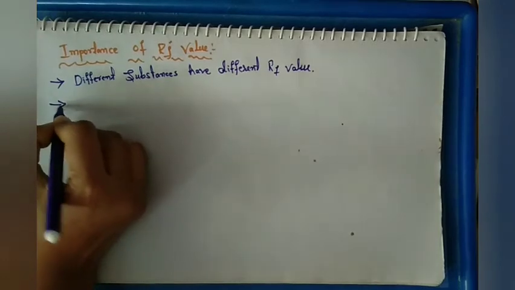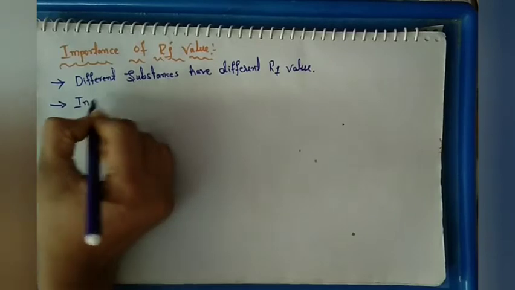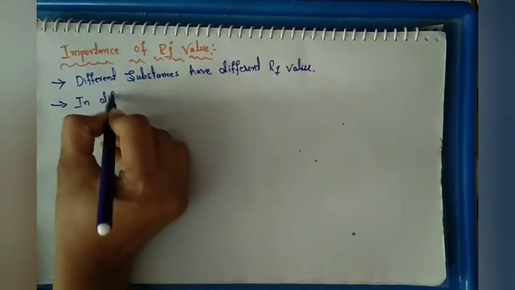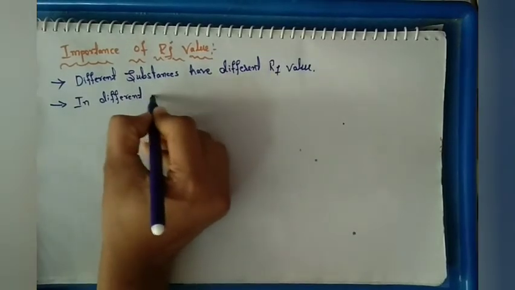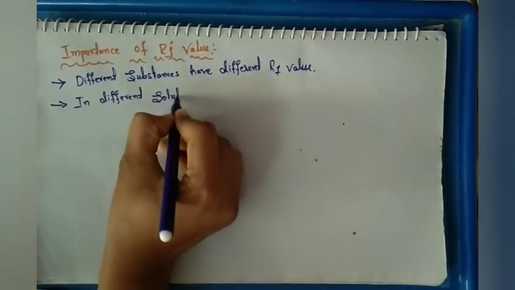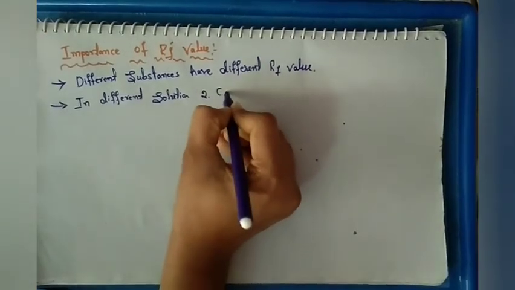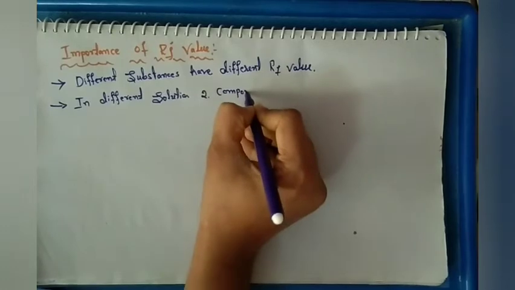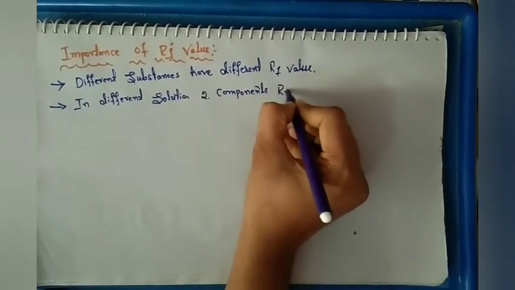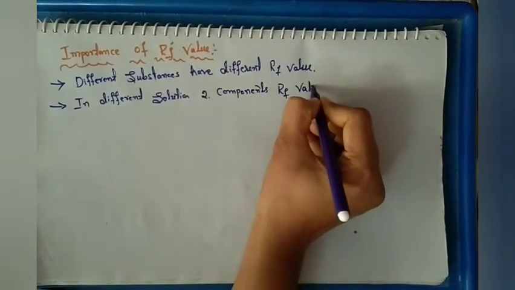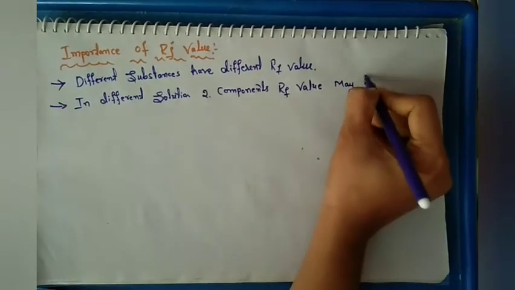Next, the second one: in different solutions, two components' RF values may be equal.